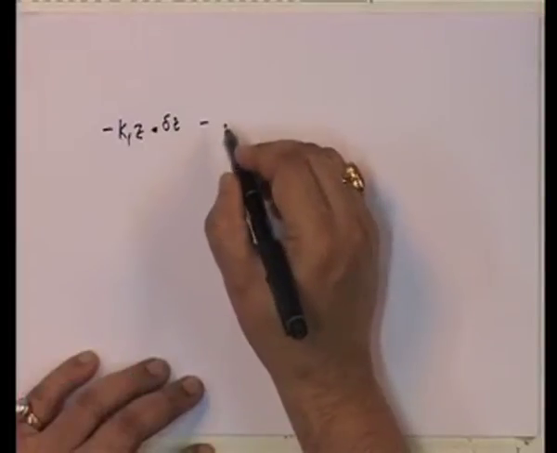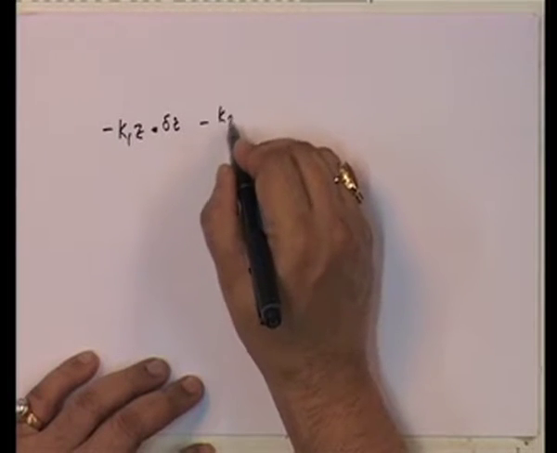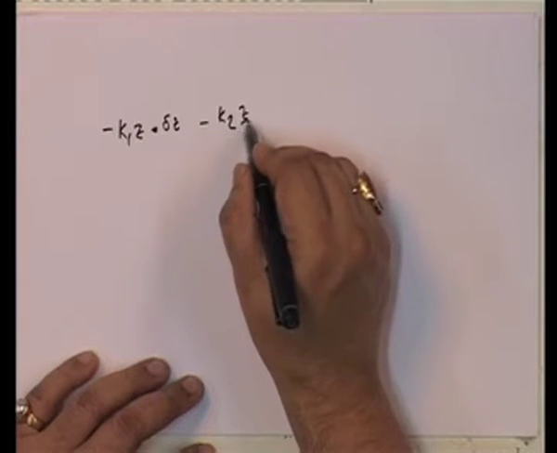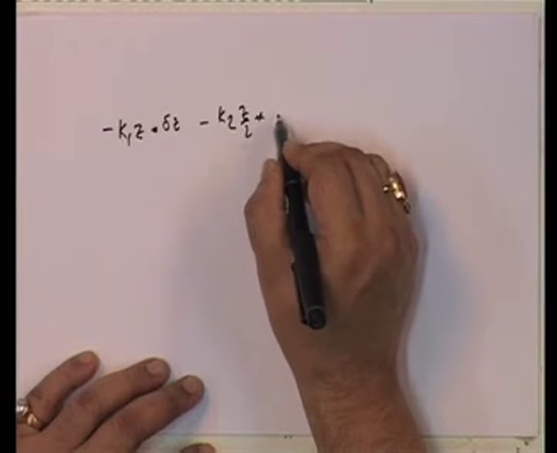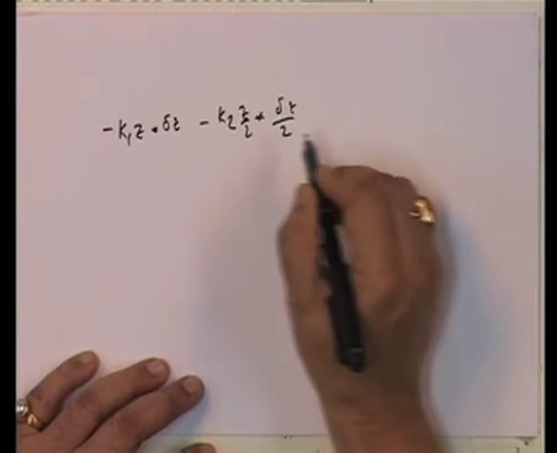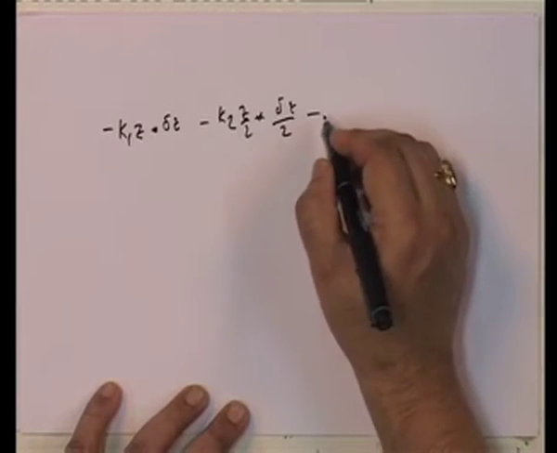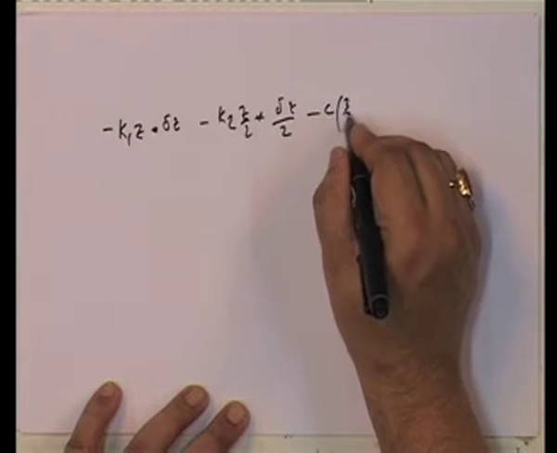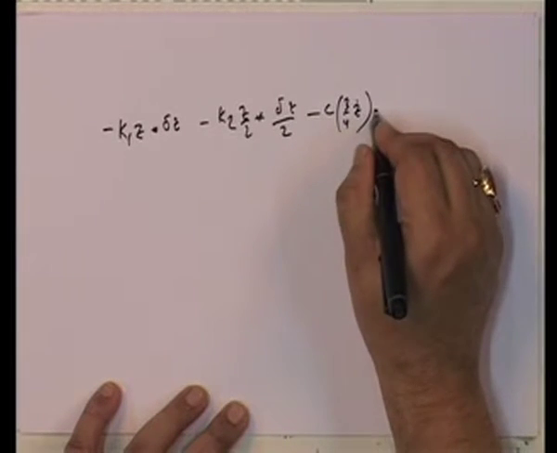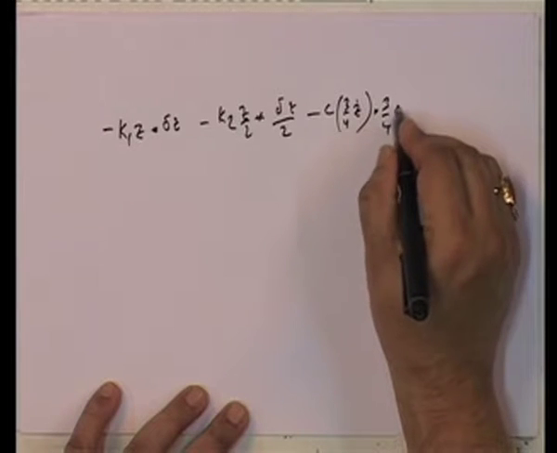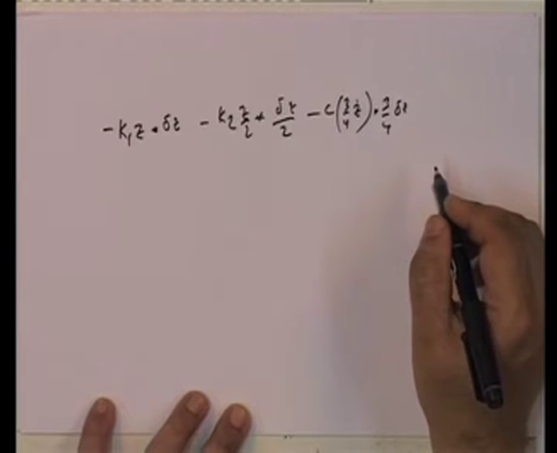So, always the work done is negative. Okay? And therefore, what we have is minus, and then we have minus K2 z by 2 into del z by 2, minus C 3/4 z dot into 3/4 del z.